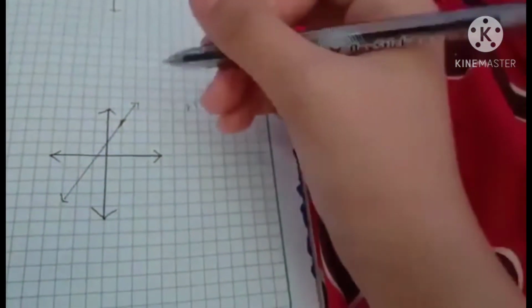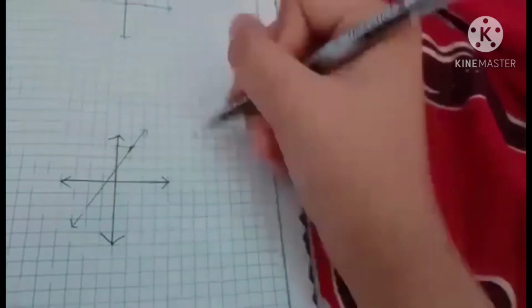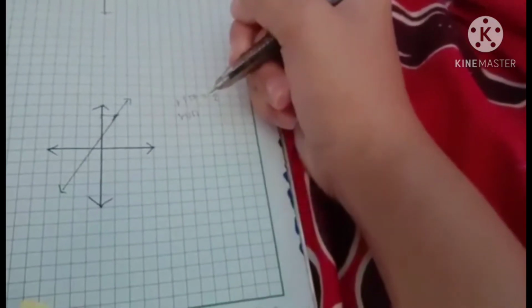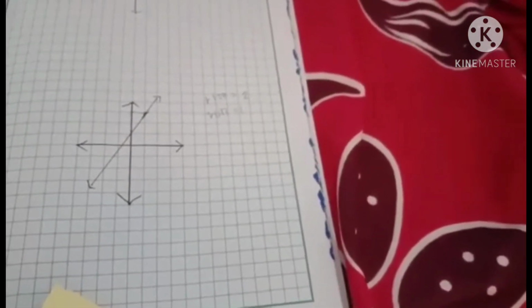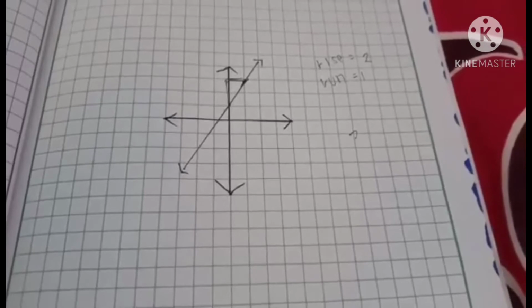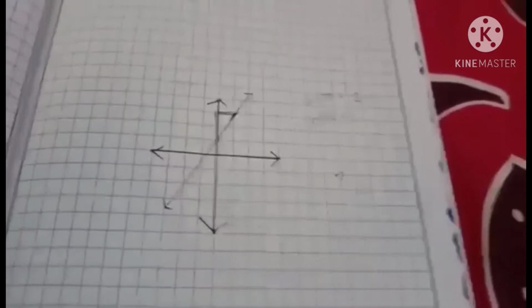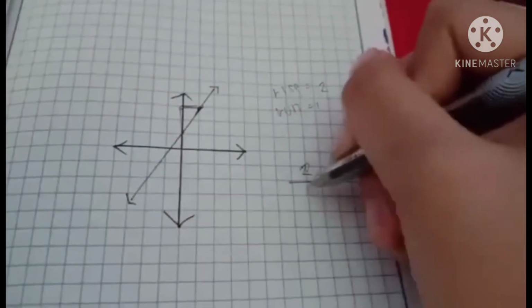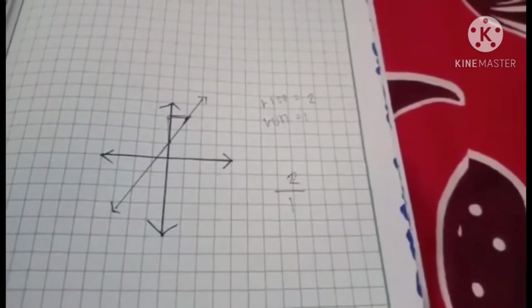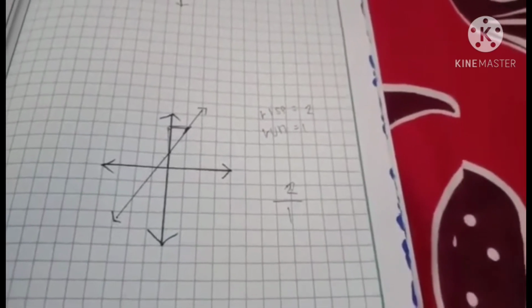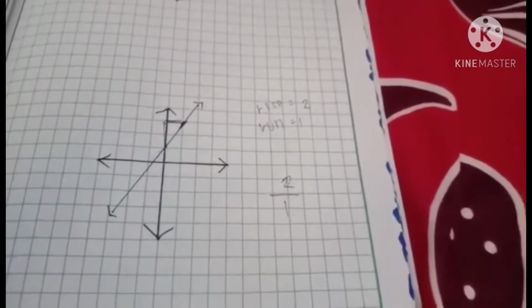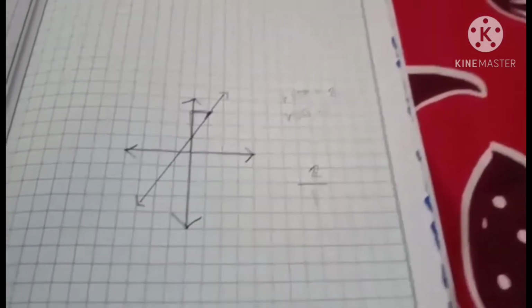And then your run is 1. So you came up to 2 over 1. That's your rise over your run. So that's our slope in this graph.